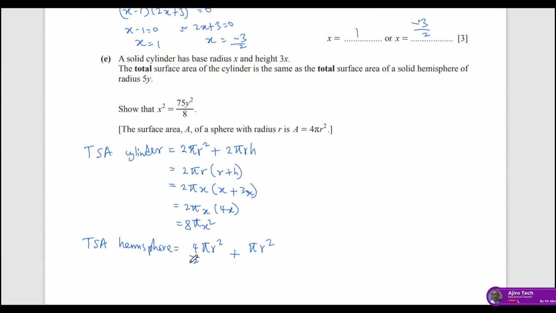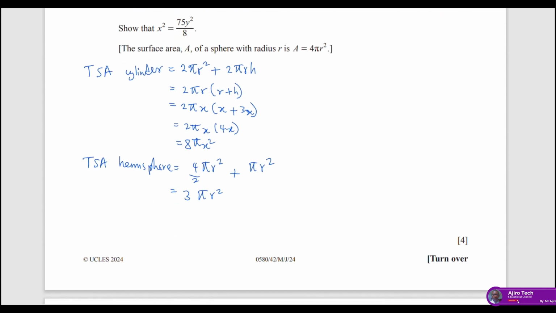That should give me 3 pi r square. And 3 pi r square, where r is 5y, is 3 pi 25y squared, which is 75 pi y squared.